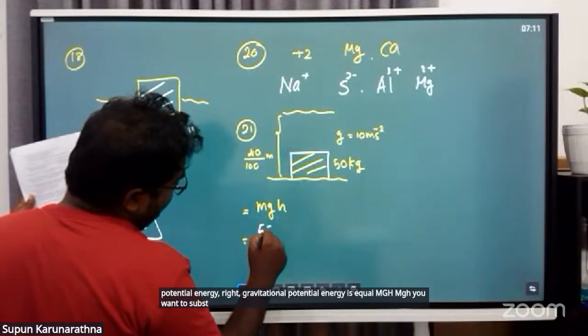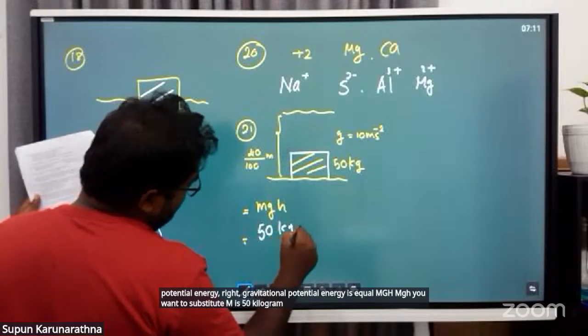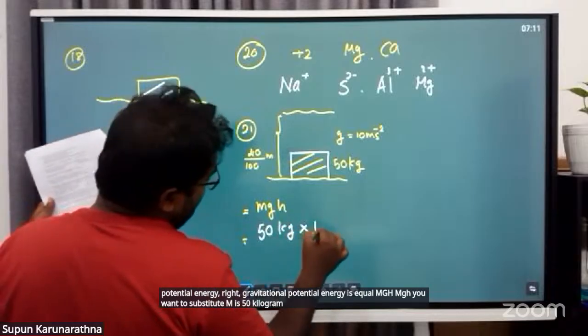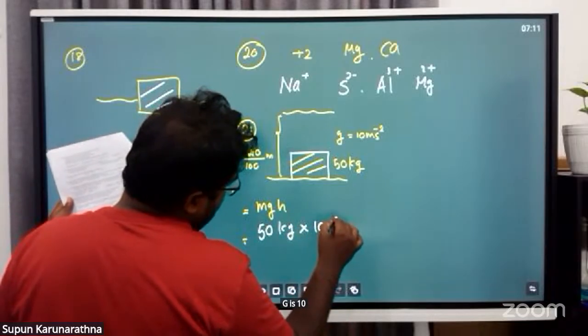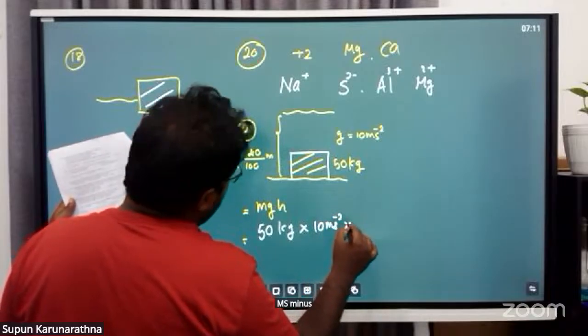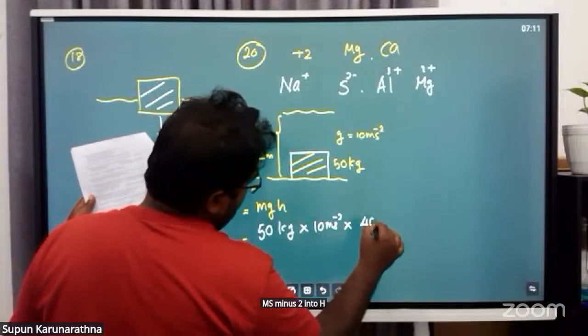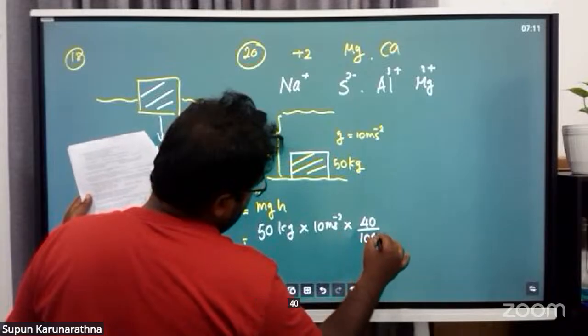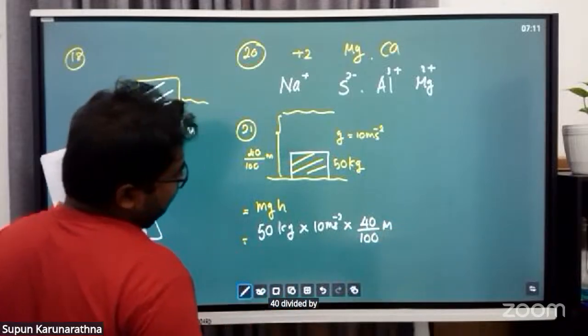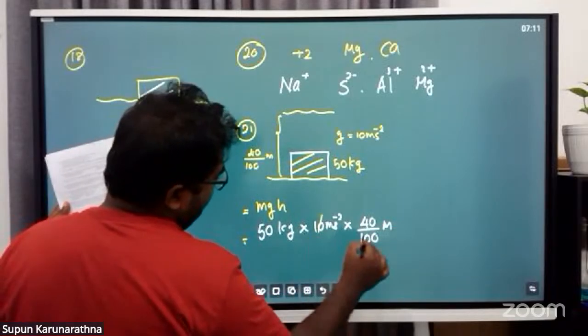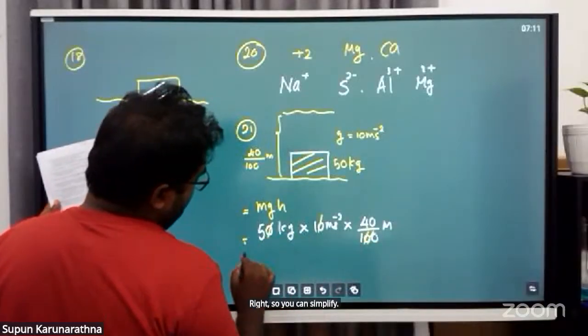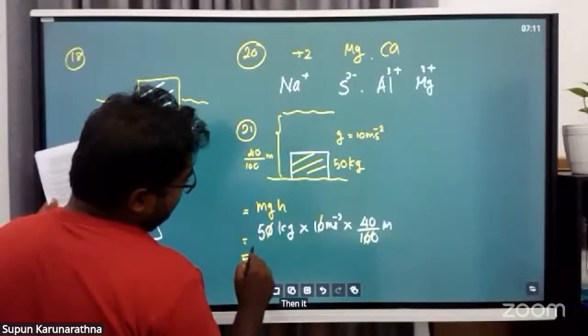Substitute: m is 50 kilograms, g is 10 m s^-2, h is 40 divided by 100 meters. Then you can simplify to get the final answer.